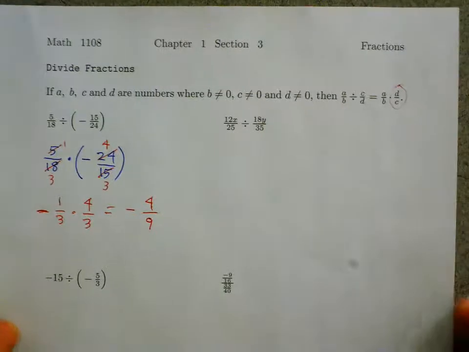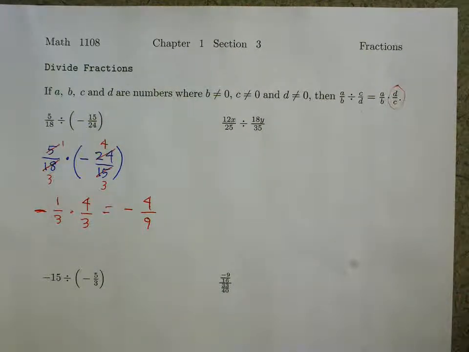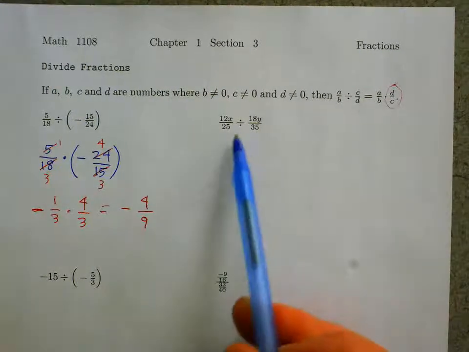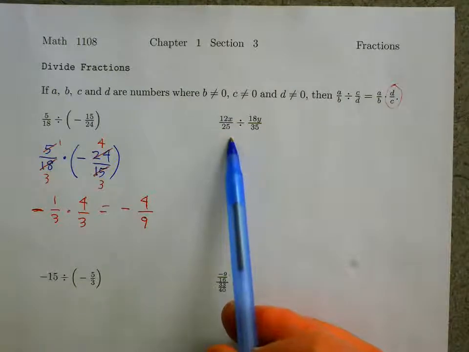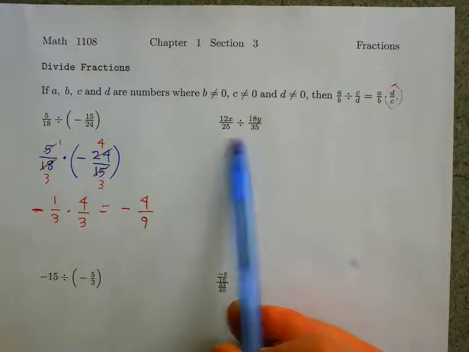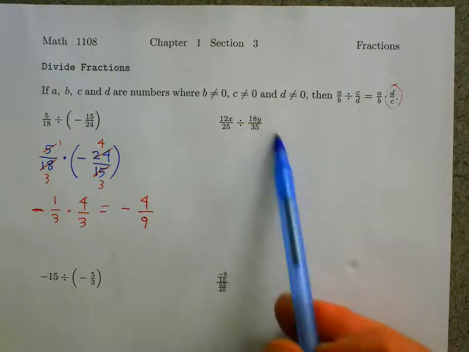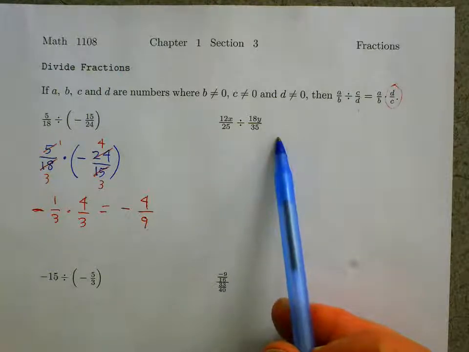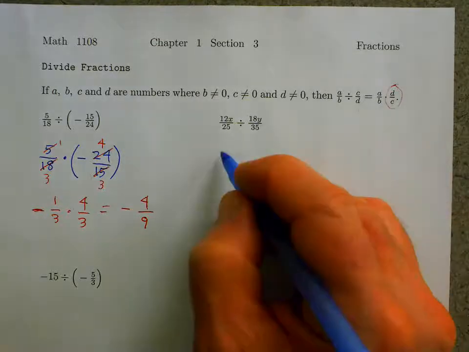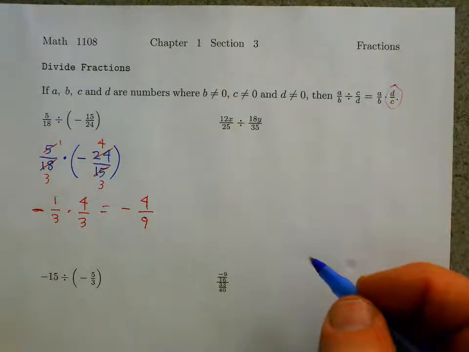Okay, let's do the next one. This fraction involves variables. 12x over 25 divided by 18y over 35. So we're going to convert it to multiplication.